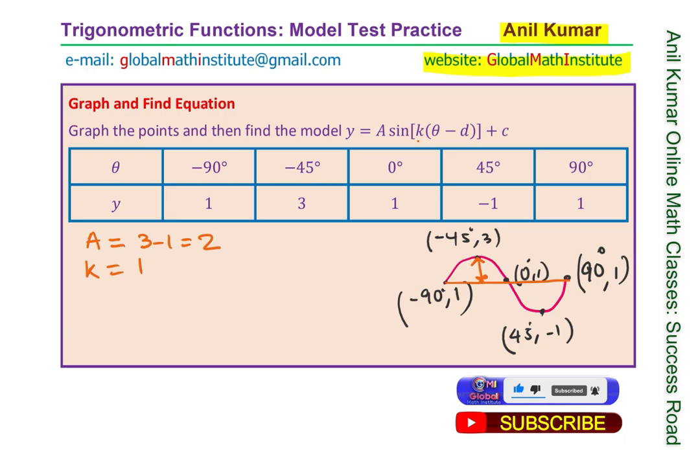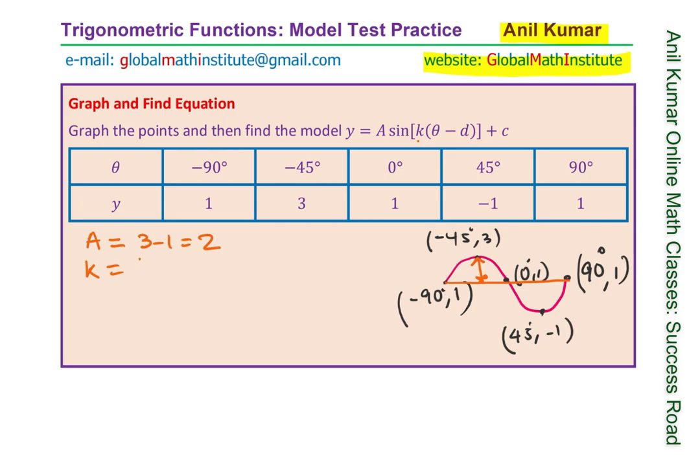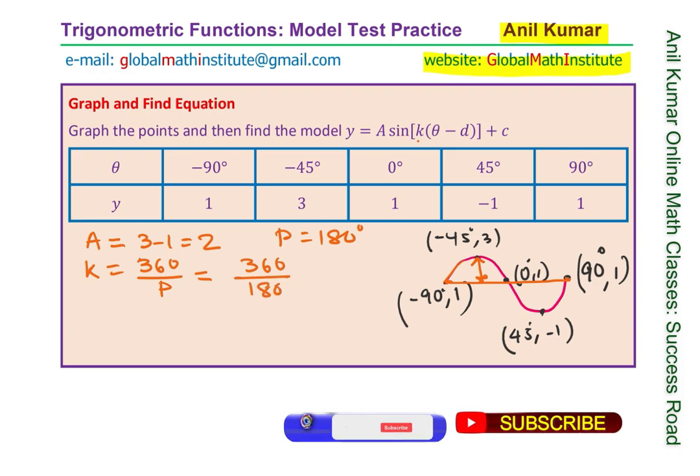For a sine wave, the period is 360 degrees, so k is 360 degrees divided by the period. Period is the time taken for one wave. Since it goes from minus 90 to 90, the value of p is equal to 180 degrees, correct? So k is 360 divided by 180, which comes to 2.